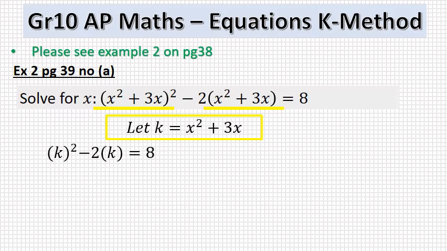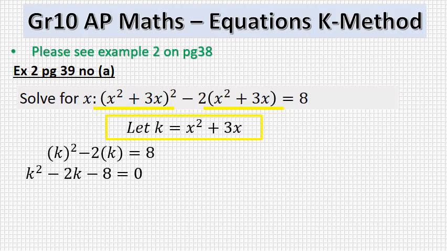Now this is a much more manageable quadratic equation because we have a k to the power of 2. Of course, to solve a quadratic equation, we need the right-hand side to equal 0. So you bring the 8 on over, and we end up with k squared minus 2k minus 8 equals 0.